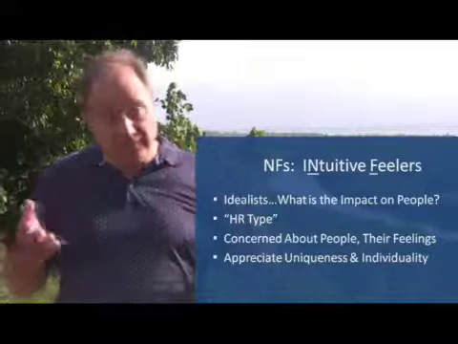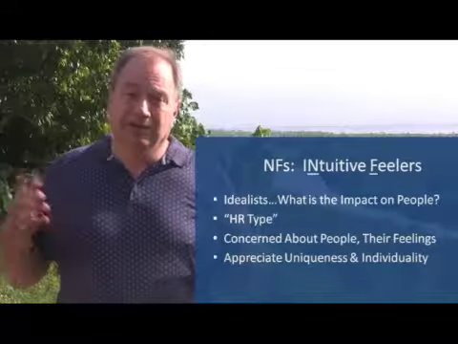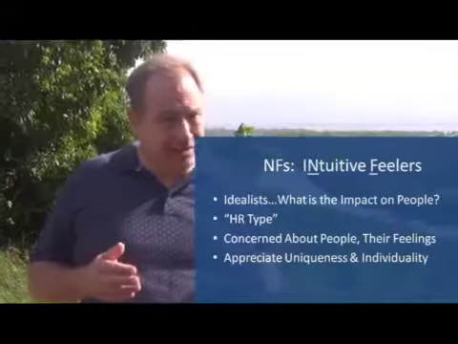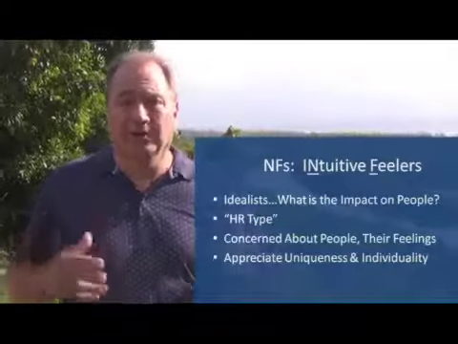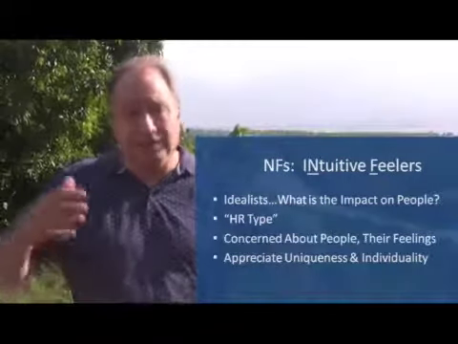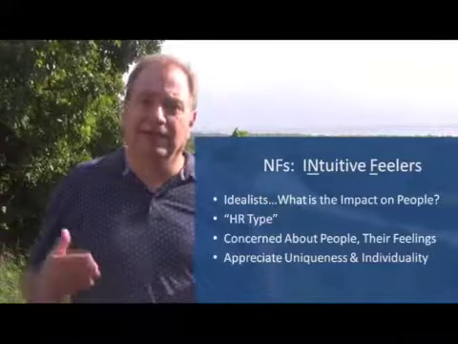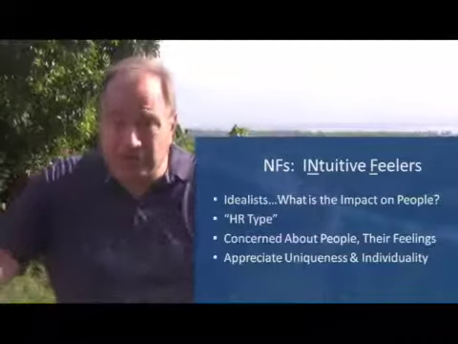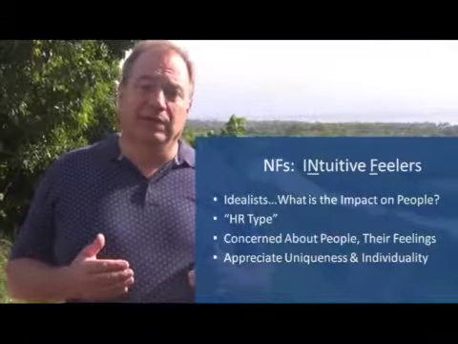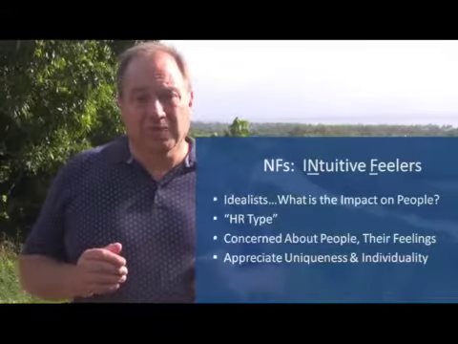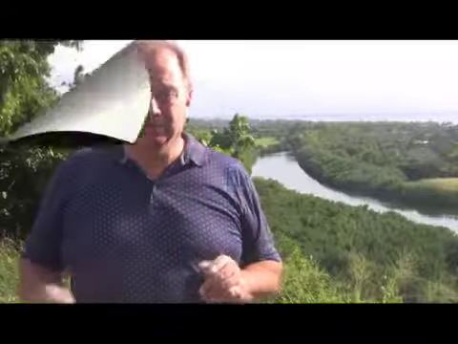Their energy comes from that. Talking to those people about accounting data is not going to get them on your side. Talking about the impact of a project on people and how they'll feel about their jobs and what sort of satisfaction they bring home, that's what's going to get a good response from the NF type.